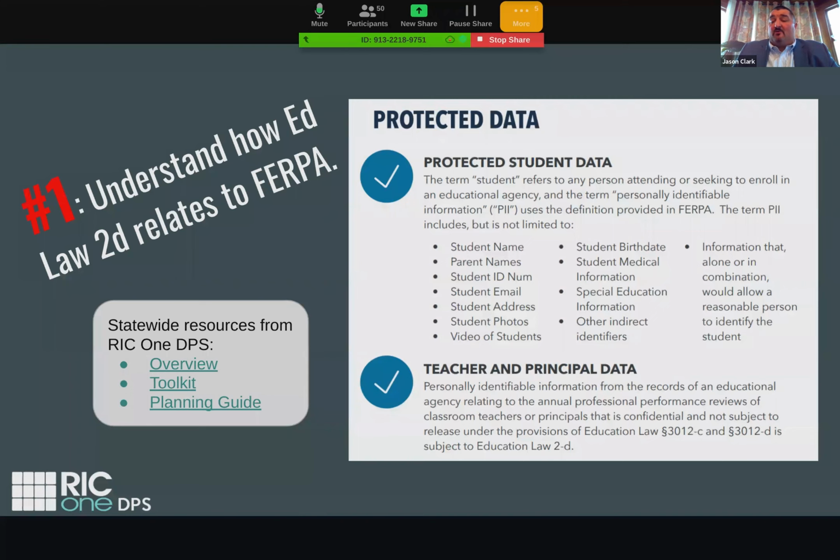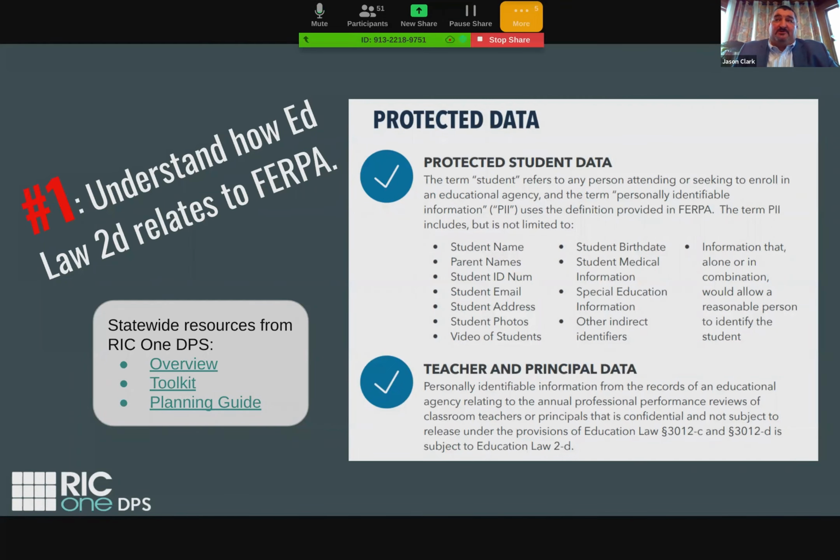We're all very familiar with FERPA, which is a federal regulation that's been in place for many, many years. Traditionally speaking, in my realm, in the BOCES and the New York State public school system, FERPA has always been treated as, there was directory information.